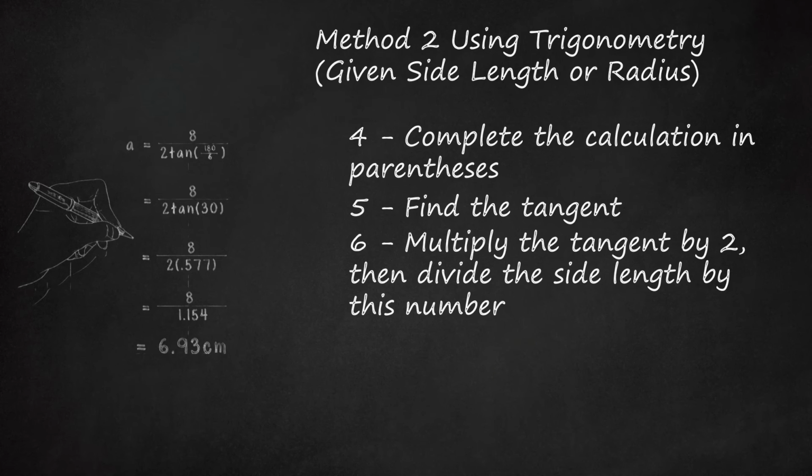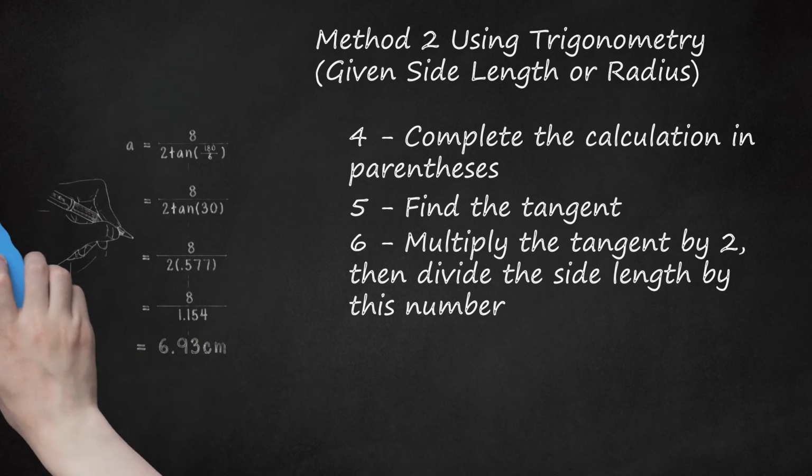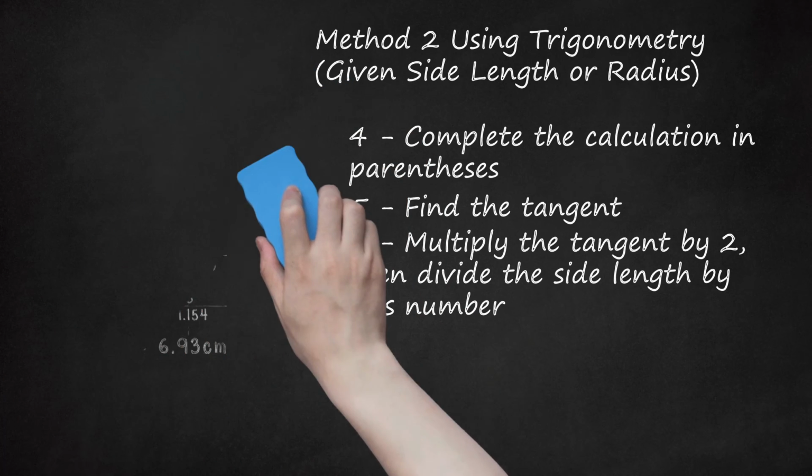For example, apothem = 8 / (2 × 0.577), apothem = 8 / 1.154, apothem = 6.93. So, the apothem of a regular hexagon with 8 cm sides is about 6.93 centimeters.